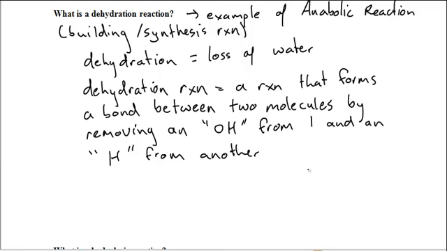And, well, if it's dehydration, how is it making water? Well, if you think about it, when you are sweating, your body's releasing water. Water's a product. But the effect on you personally is that you're dehydrated.